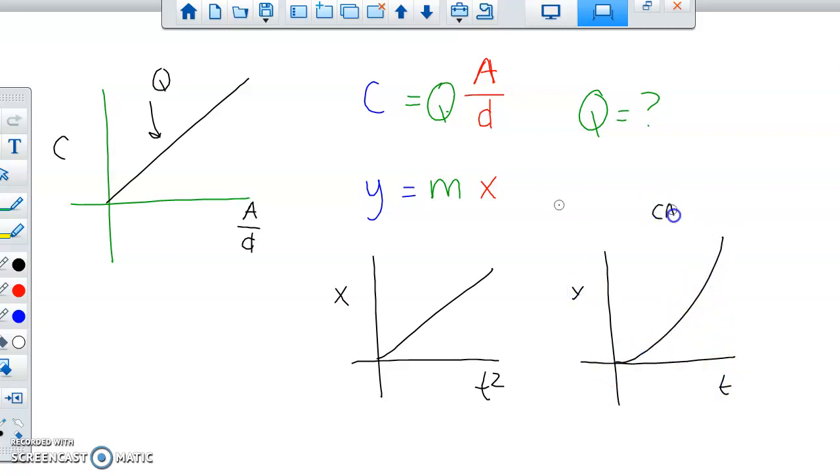And we can't get the slope of a curve, at least not with algebra. The only way to get a slope with algebra is if we have a line. To convert this to a line, we would just make sure we plot t squared, which would give us that line instead of a curve. All right, so I just wanted to bring that up, and hopefully that helps when you're doing these free response problems.